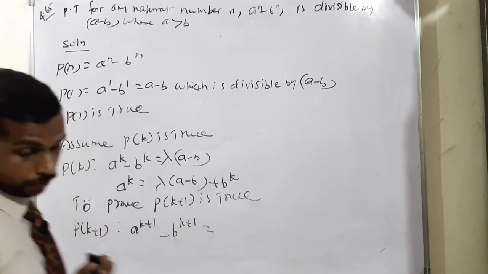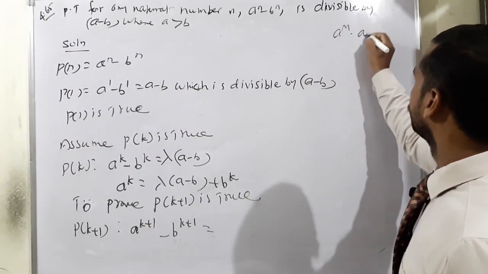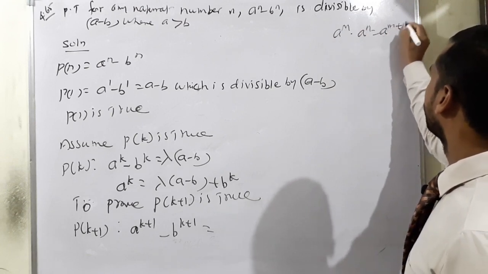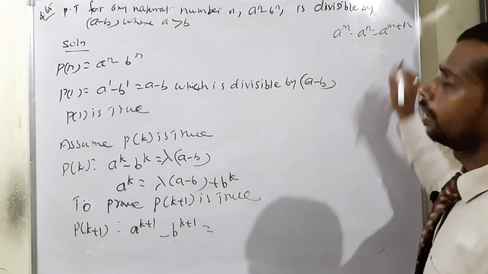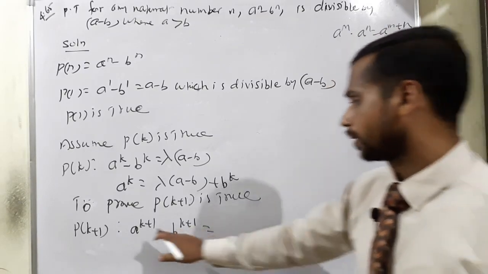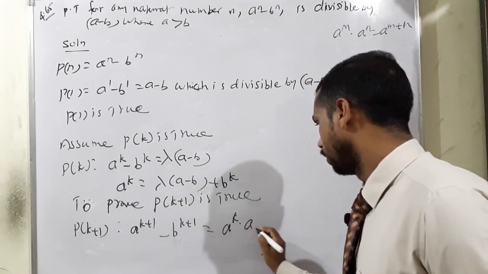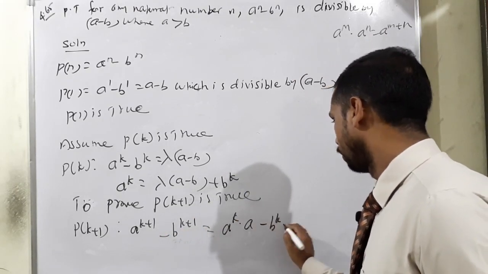This is how to expand. Already we know a power m into a to the power n means a to the power m plus n. Already this is called law of indices. How to expand? So, a to the power k into a, then minus b to the power k into b.